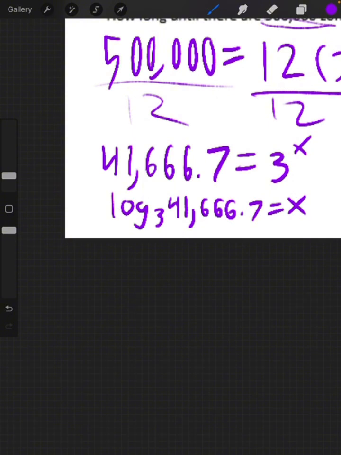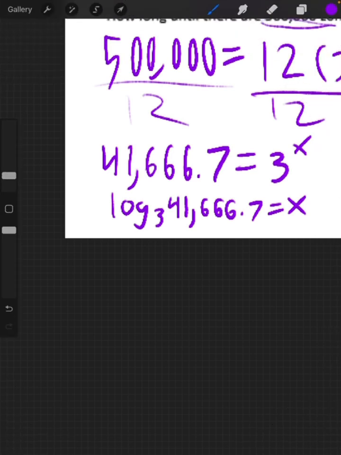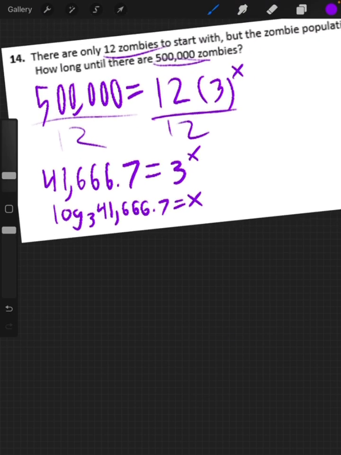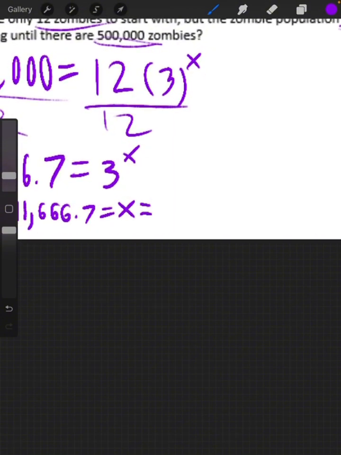And that would be the wrong Desmos. So log base 3 of 41,666.7 is about 9.880.1.